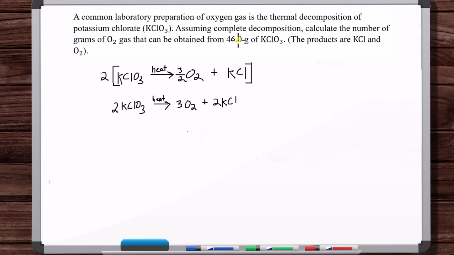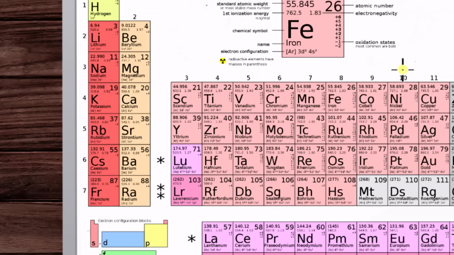What are we starting with? 46 grams of KClO3. We're going to work our way over to the number of grams of O2. We need to get to moles of KClO3 so we can then convert to moles of O2. To convert from grams of KClO3 to moles, we need the molar mass of KClO3. Potassium, 39.098.